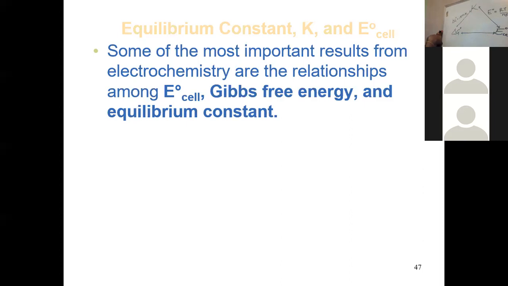And the relationship between your delta G naught and your E naught cell is delta G naught is equal to minus NF E naught cell. So just keep this as a cheat sheet. Remember the major relationships between your E naught cell, that's the EMF of the standard cell, your delta G naught, and your equilibrium constant.